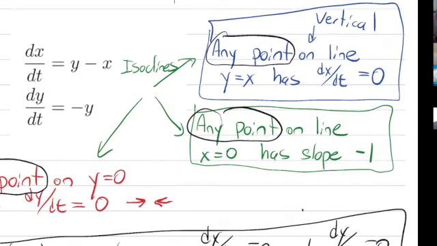When we have dx dt equal to 0 and dy dt not equal to 0, then we call this an x nullcline, meaning all of the vectors along that line have dx dt equal to 0.